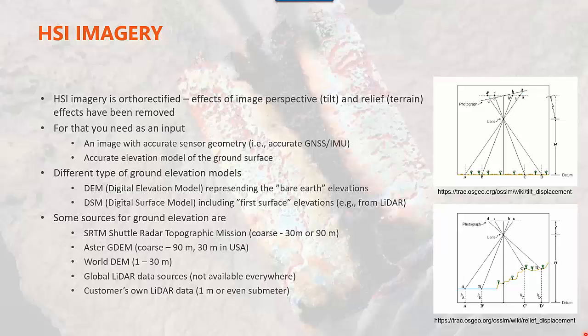There are also global LiDAR data sources, which are unfortunately not available everywhere, but provide a bit more accurate resolutions for the DEM. Then the customer's own LiDAR data is the most accurate source, typically 1 meter or even sub-meter resolutions, and that's suitable for usage with the drone type systems.